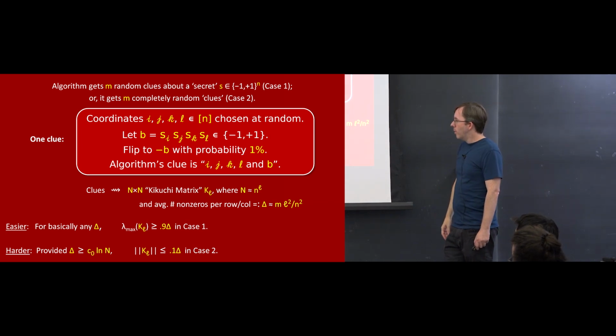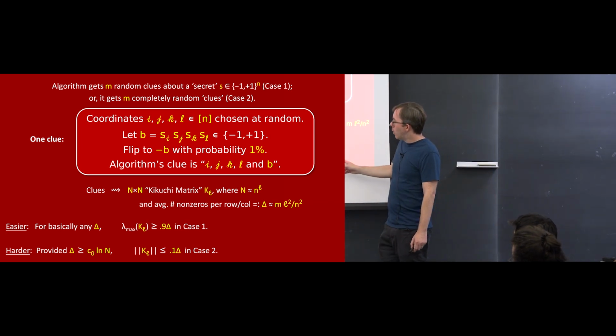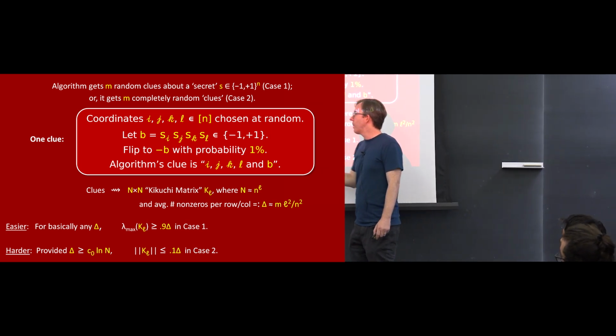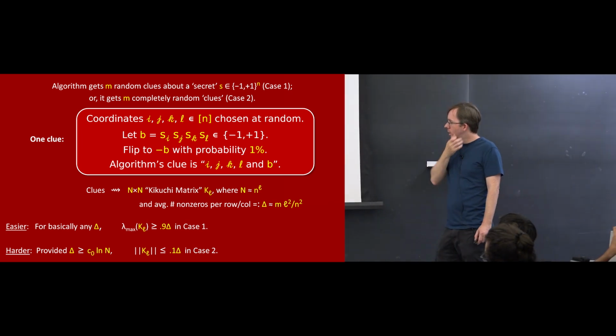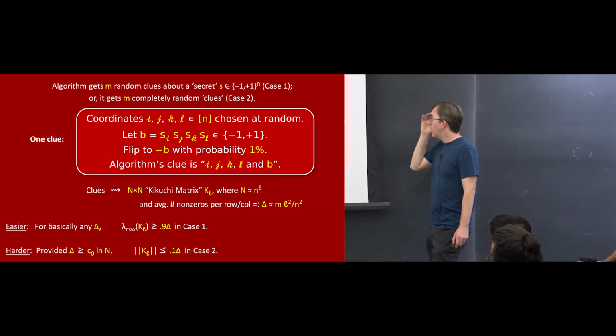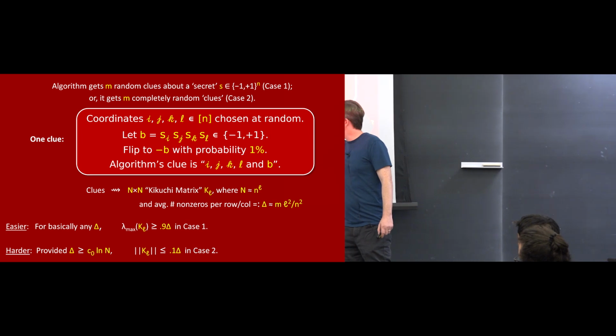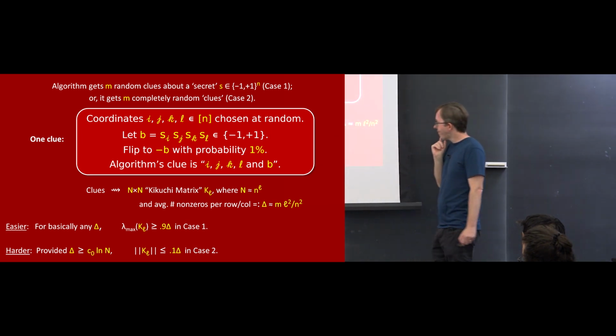And the somewhat harder thing they show is that once this matrix has large enough sparsity, about logarithmically many entries per row and column, you can get this good bound on the spectral norm of the largest eigenvalue.